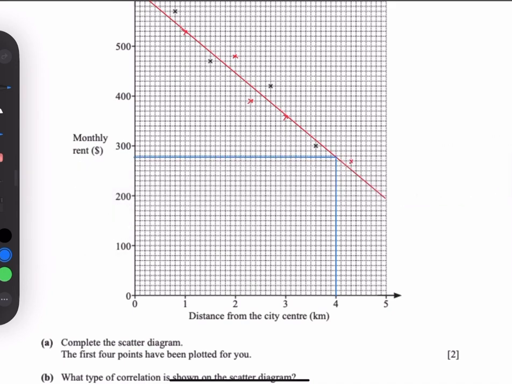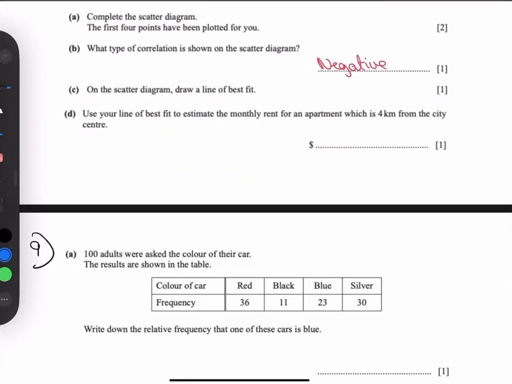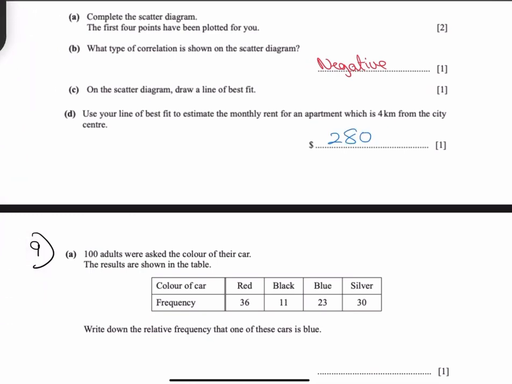So approximately I would say it's 280. So I'll just take it as $280. Okay, $280, and I hope that this makes sense.